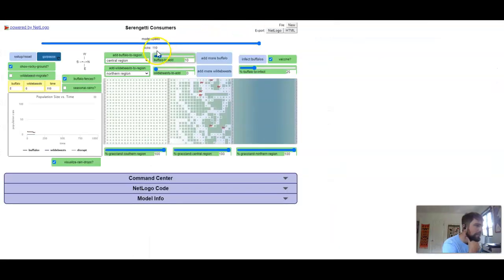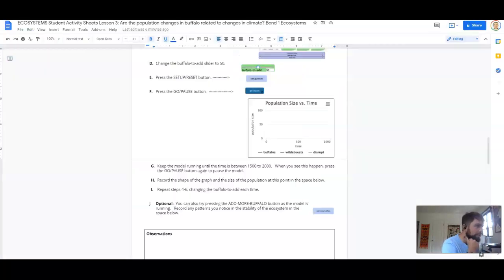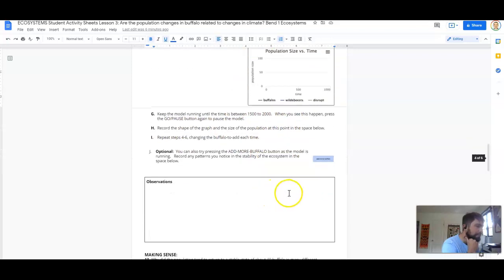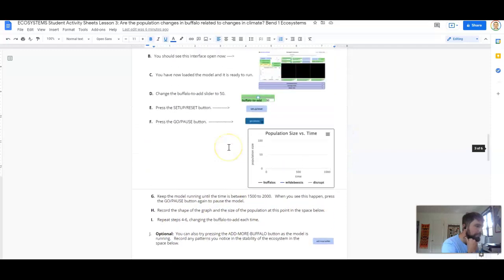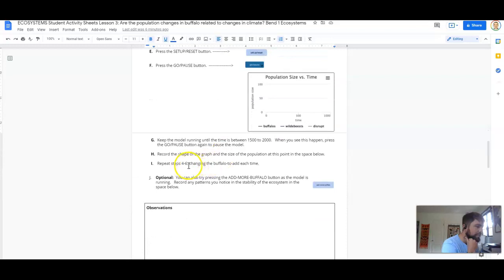Okay, so right now we're at 100. So you're gonna let this really play out for a while. Okay, and then you're gonna record the shape of the graph in the space below, and repeat these steps 4 through 6, changing the buffalo to add each time.